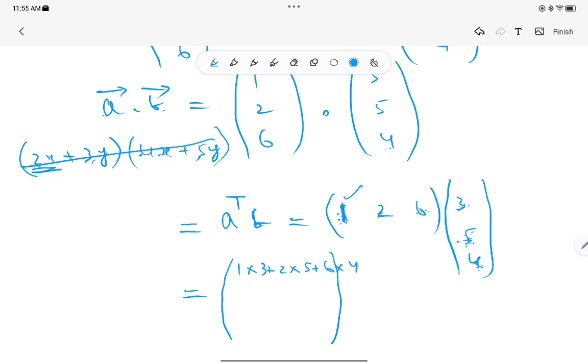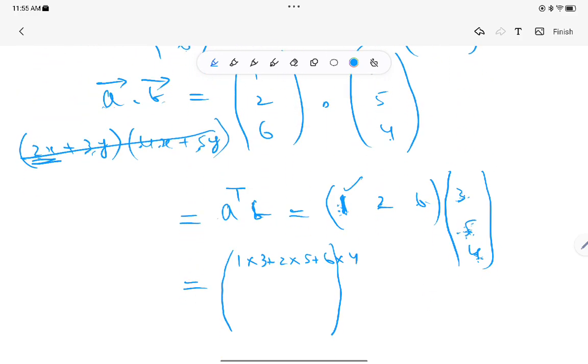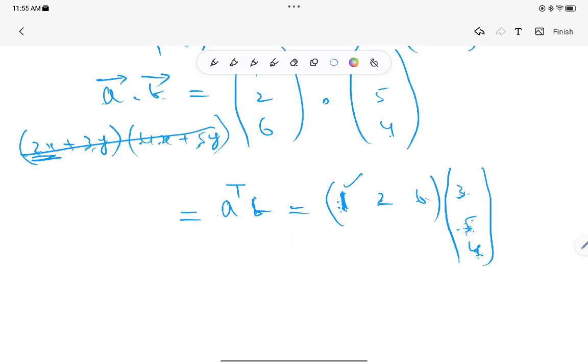Now just a minute. Now I will simply show you here. I am collecting the dot product here. How do I collect it? You can better appreciate it like this.